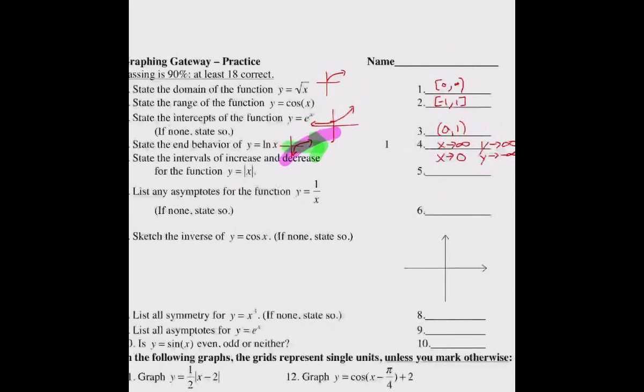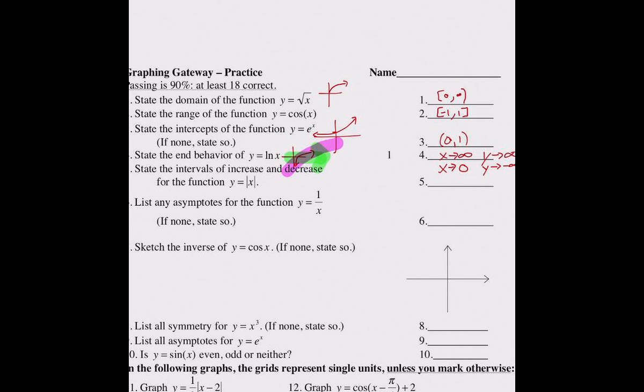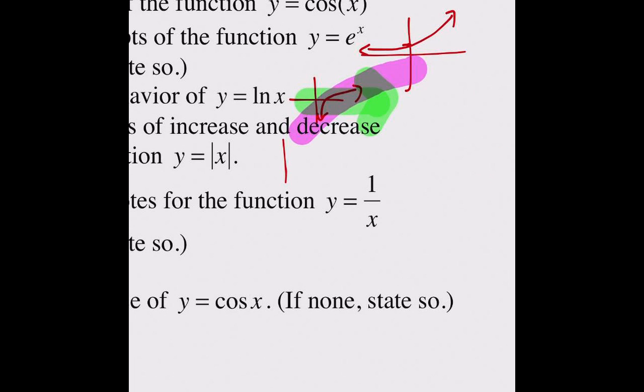Let me know. It says state the intervals of increase and decrease for the absolute value of x. Absolute value of x, it's a v, but I should be more specific. The slope of each leg of absolute value is, this has a slope of 1 on the right hand side. Goes up 1 over 1, and then on the left hand side it has a slope of -1. So whenever you're graphing it, it's not just random v's going off in opposite directions.